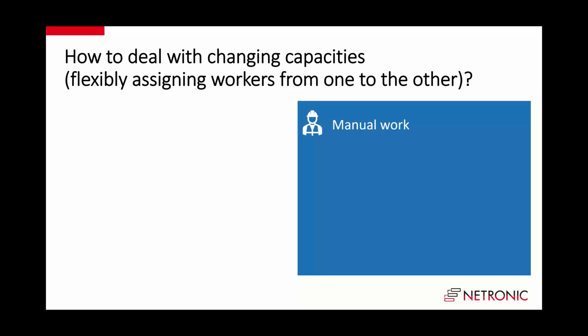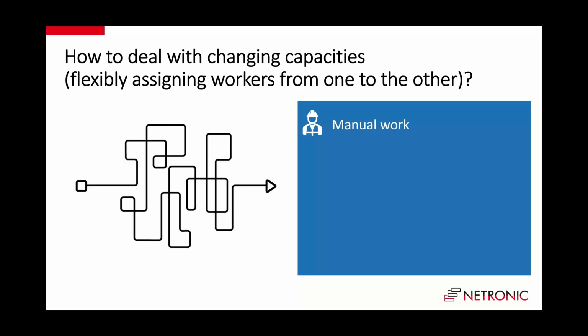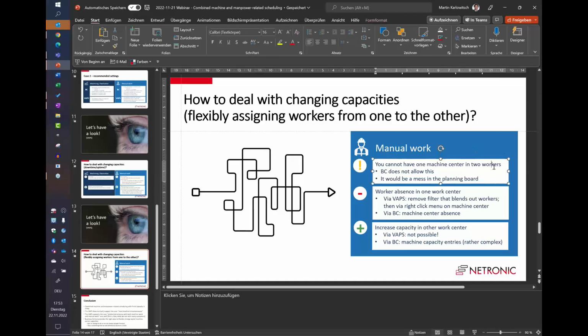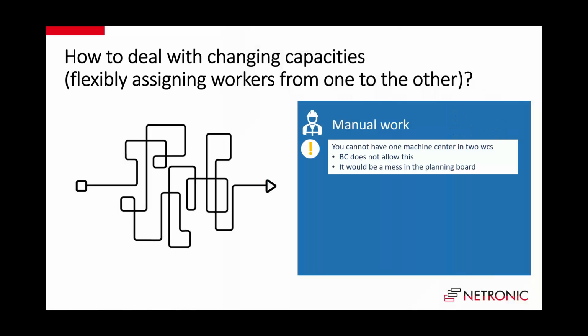And here is again a little bit of bad news, because this is not a very straightforward process in Business Central right now. What you would need, because you cannot have one machine center in two work centers. Sorry, this is wrong. You cannot have one work center in two work centers, because Business Central does not allow this.